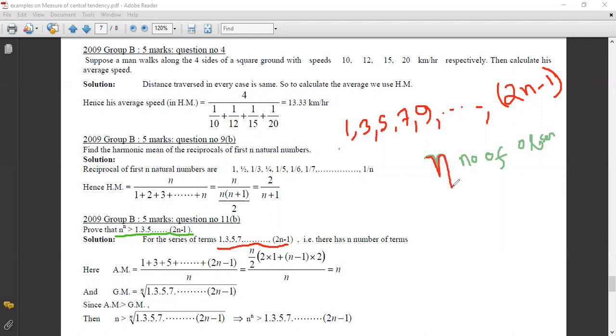It is clear. So for this reason I write there are n number of items or n number of terms.